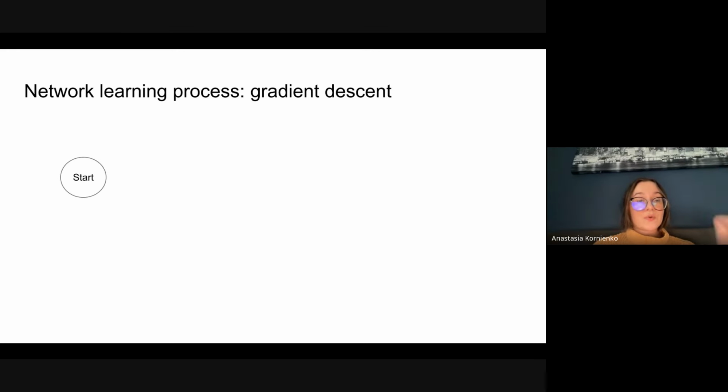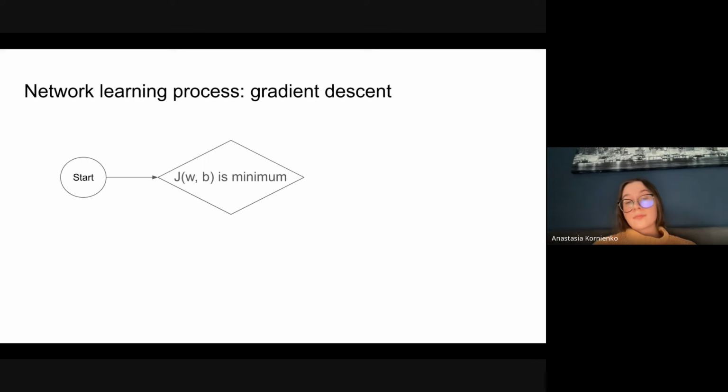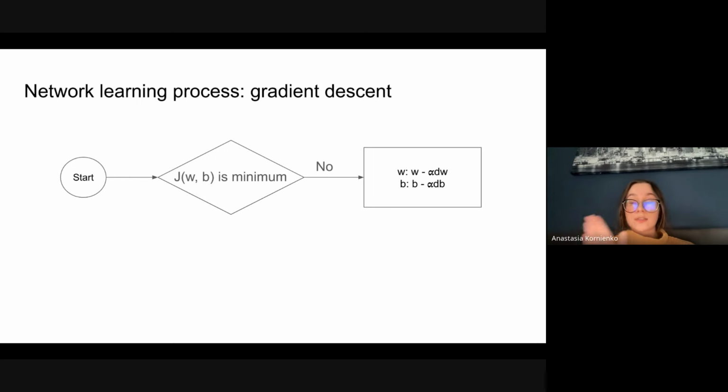So basically the algorithm is as follows. We start, then go to the condition: we check if the cost function is minimum. If not, we move W and we move B. Basically, we change the angle of the function and also the bias of the function.